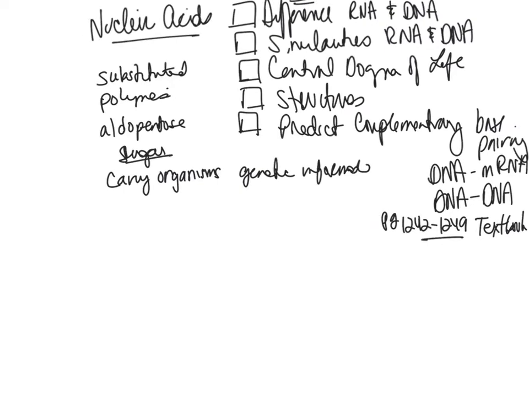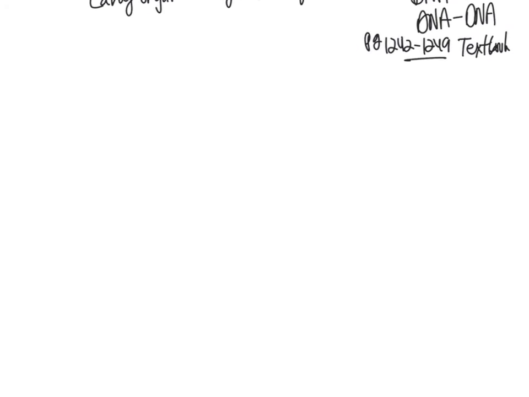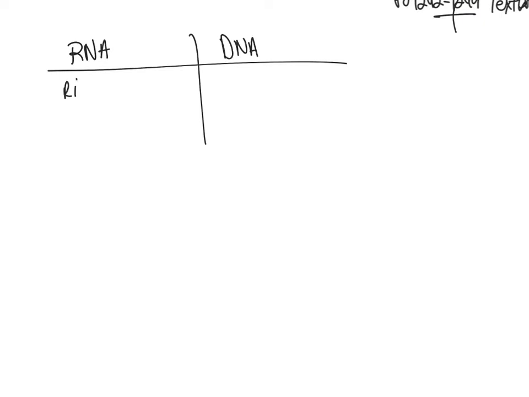So if we made a little chart, and I would recommend you do this, RNA, DNA. So that's ribonucleic acid. DNA is deoxyribonucleic acid.